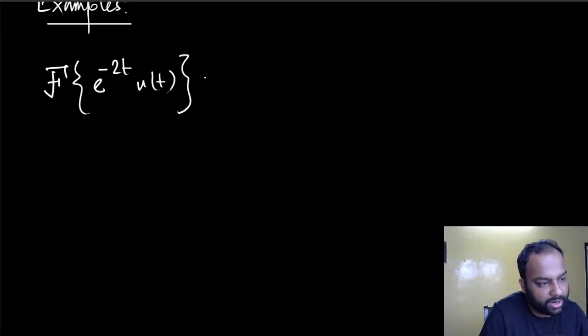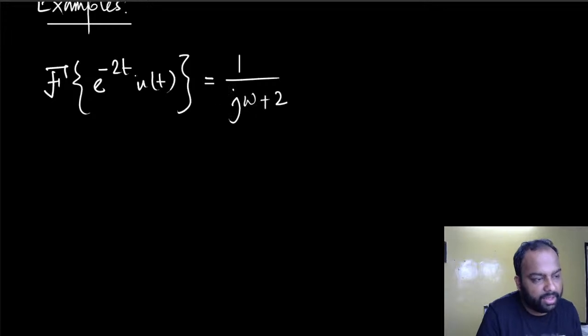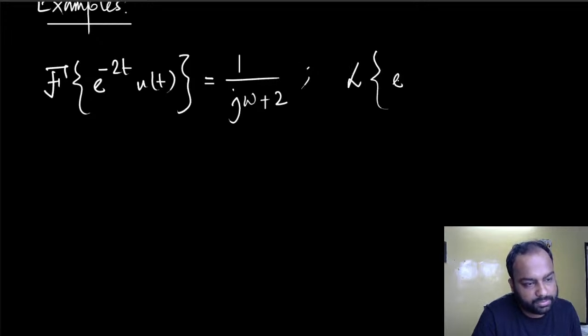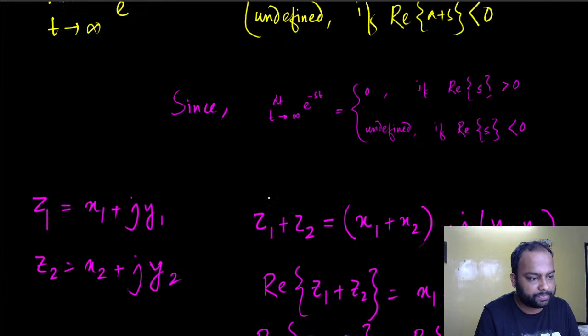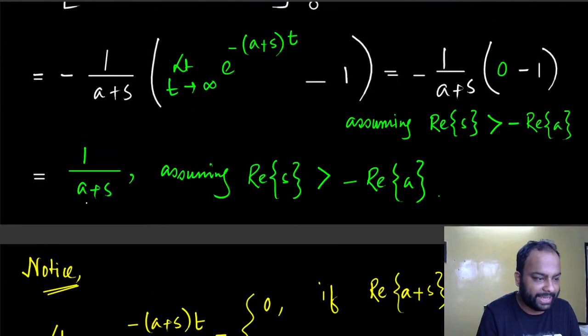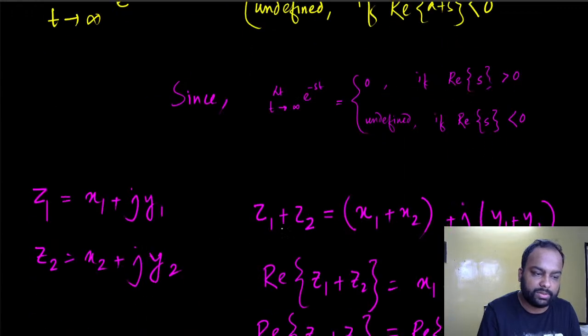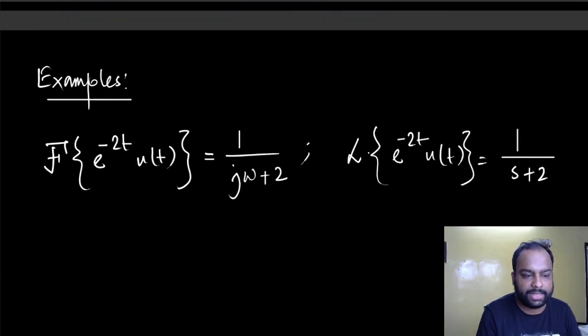You did this in our earlier semester, and of course the answer would be this, because this is a real and positive number, and subsequently I would have this. Question is, what is the Laplace transform of e to the power minus 2t ut? That's 1 by S plus 2, because the answer is 1 by S plus A, right? So 1 by S plus 2, just like that.